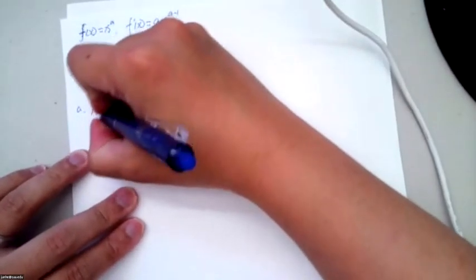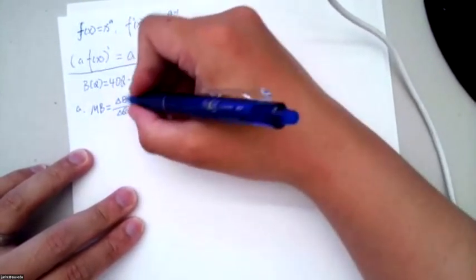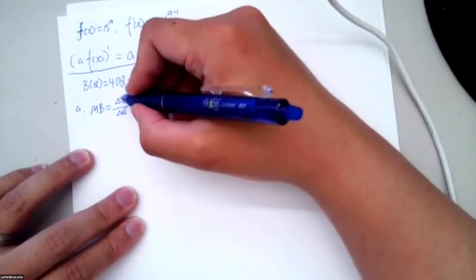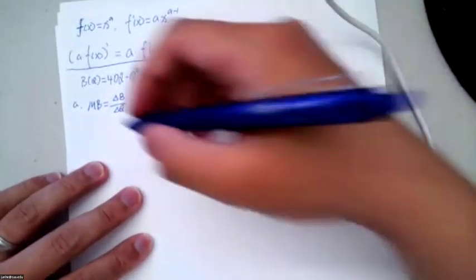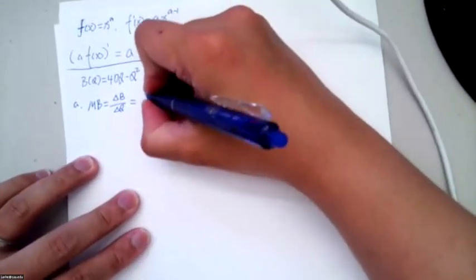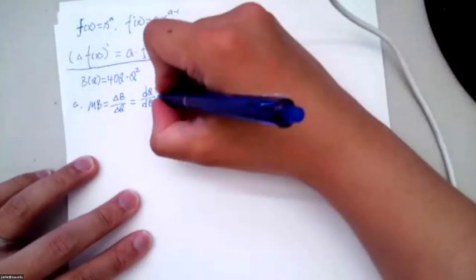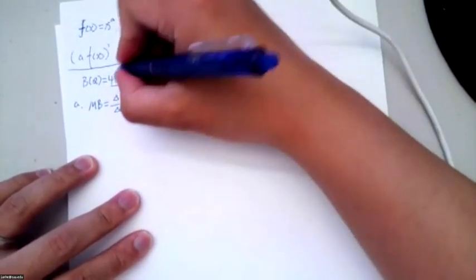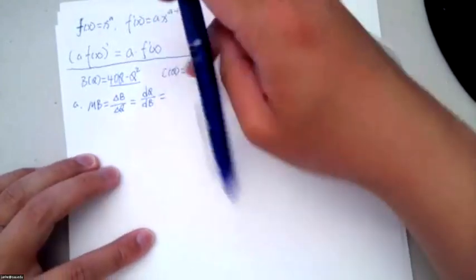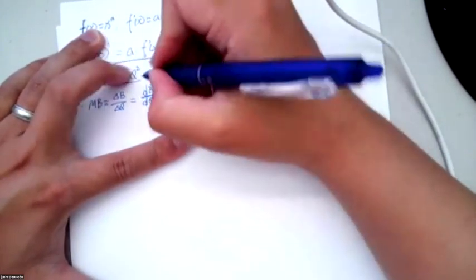So marginal benefit is delta B over delta Q, which is how many units of benefit change per additional unit of product that you consumed. And here it is dB over dQ, right?